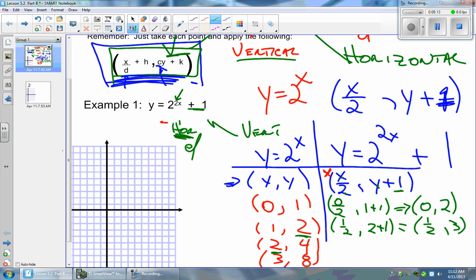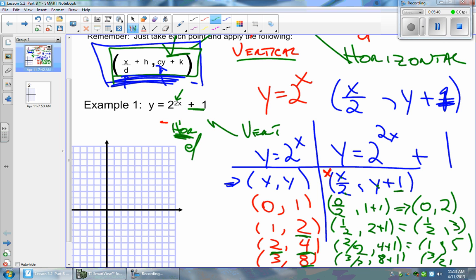Perfect. Take my next point here, which is 2, 4. So there's 2 over 2, plus 4 plus 1, okay, which would give me 1, comma 5. And my last point, which would be 3 over 2, and then there's my 8, right? 8 plus 1, which gives me 3/2, comma 9.